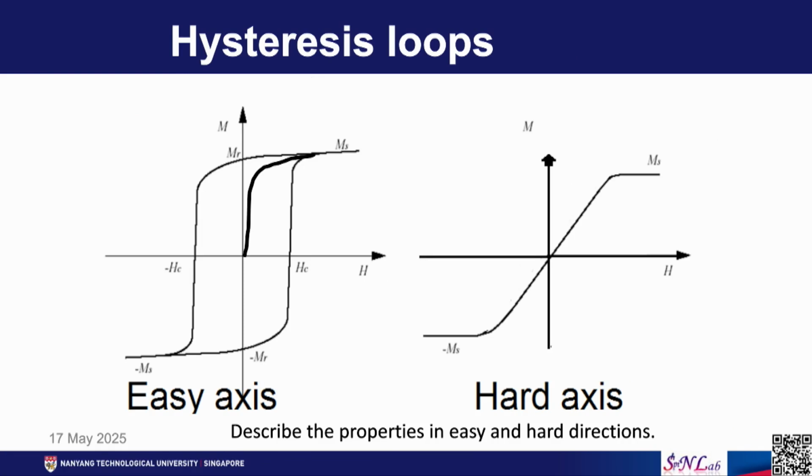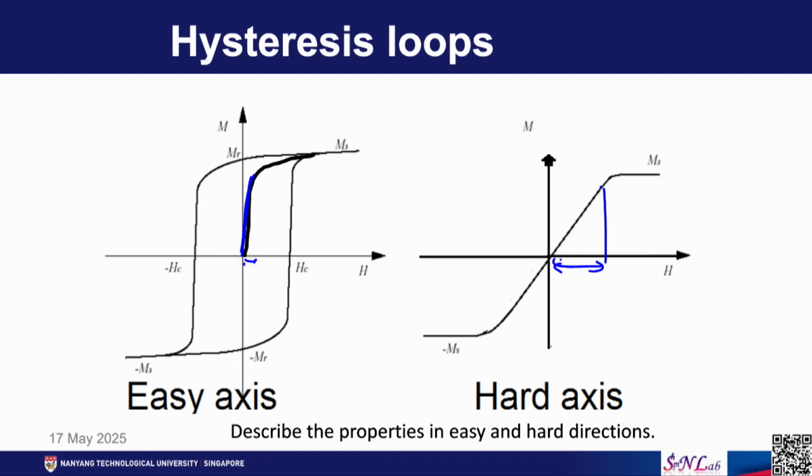Okay. So, if you measure properties of a sample in the easy direction and a hard direction, you will find these differences. For example, in the easy direction you need a very small field to raise the magnetization value very quickly. Here you see you need a much larger field to go to that same level, somewhere here, compared to here.